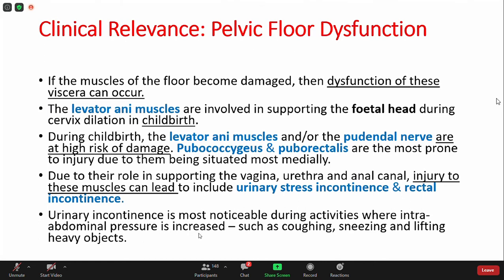As I told you, the patient will tell you, when I cough, when I sneeze, when I lift heavy things, my urine is released involuntarily. Then you understand that there's a problem with the levator ani muscle, and you can ask the person about history of operation or child delivery. Make sense, everybody? Okay.